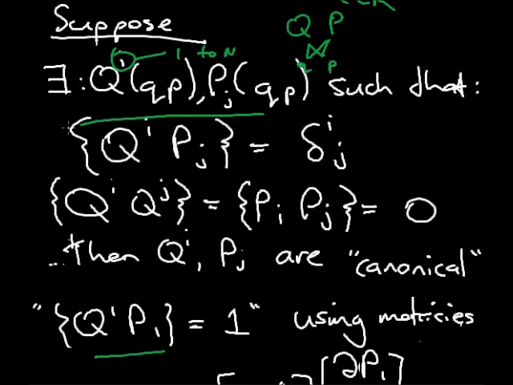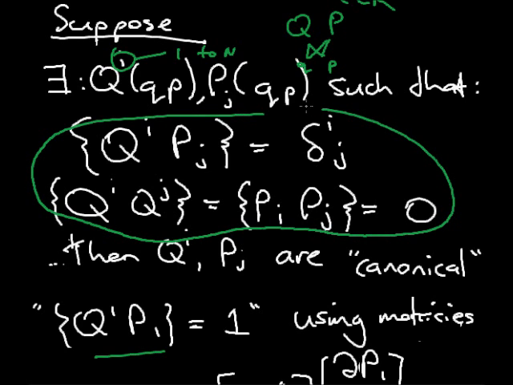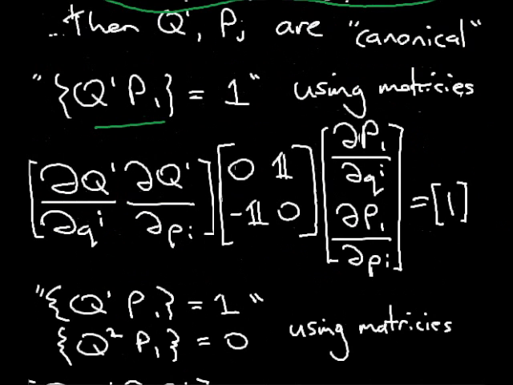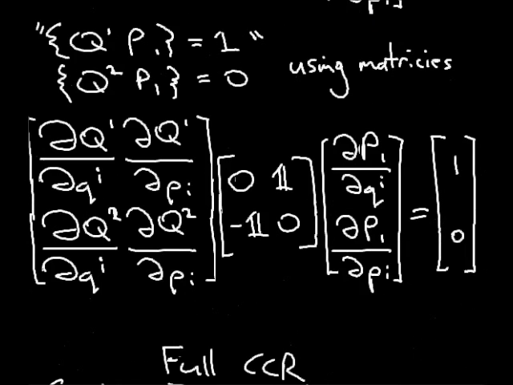In matrix form, we're saying that the Poisson bracket between Q1 and P1 is 1, and if I add a Q2 row to the matrix, my answer becomes a column matrix with two elements, the Poisson bracket of Q1 with P1 and Q2 with P1.